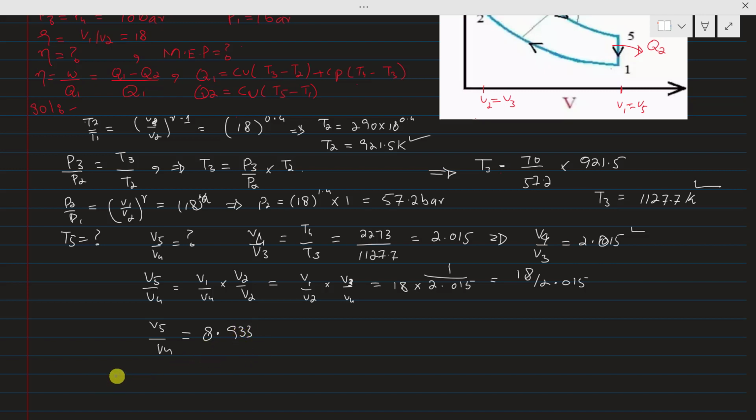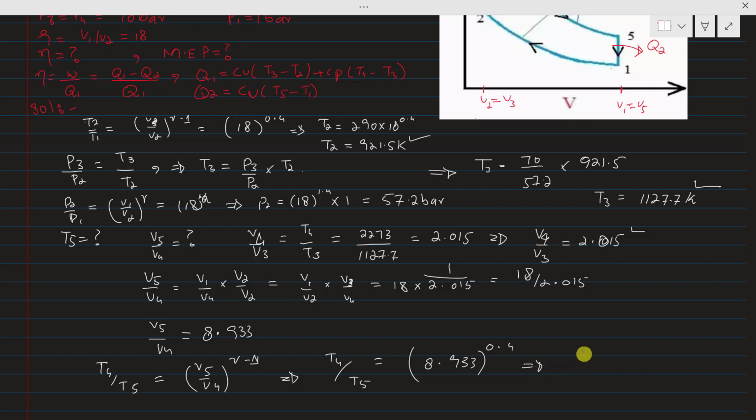Now to find the temperatures T4 divided by T5, I can write V5 divided by V4 to the power gamma minus 1. So here I can write that T4 divided by T5, that is equal to V4 divided by V5, 8.933 to the power 0.4.